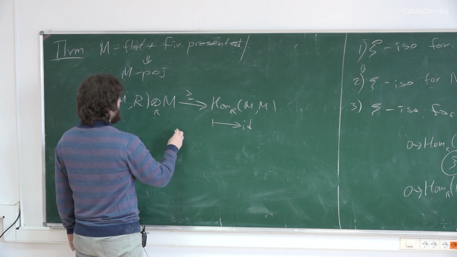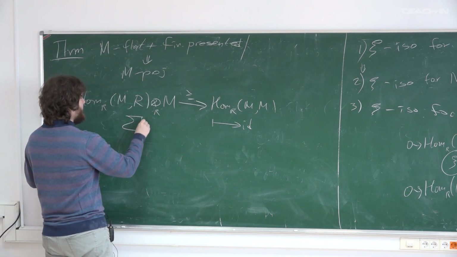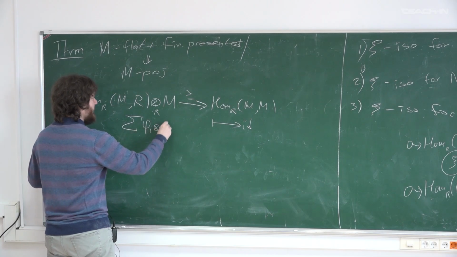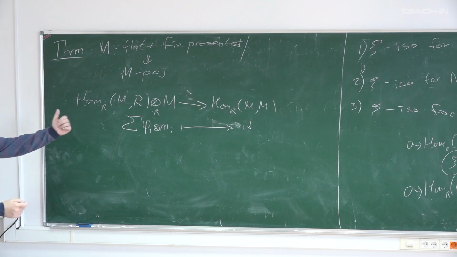What does it mean, in fact? What does it mean that I have some sum of phi_i tensor m_i, which goes to the identity? How does this work?